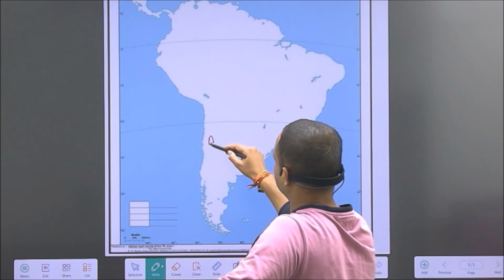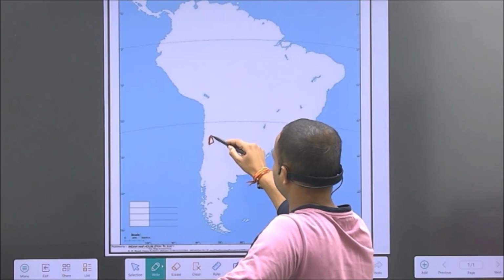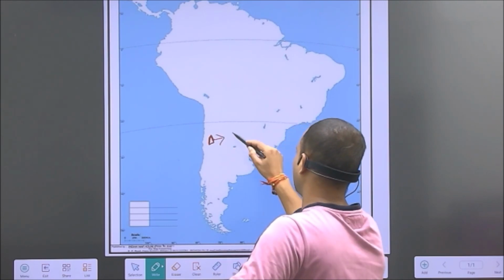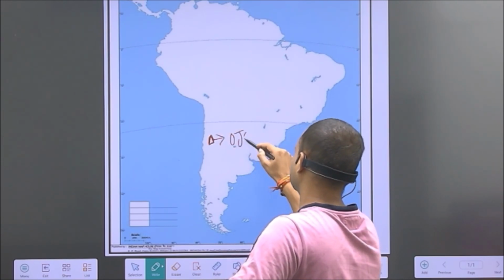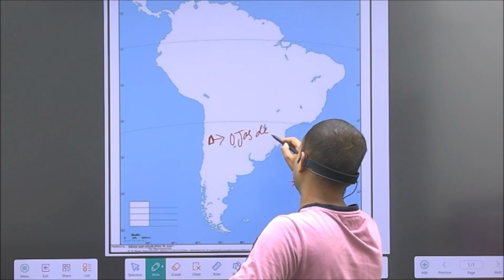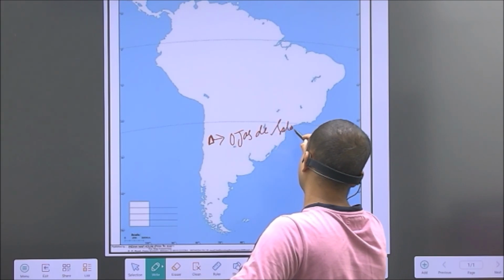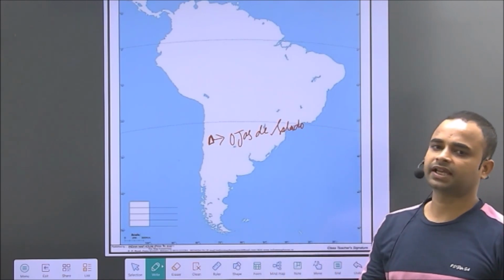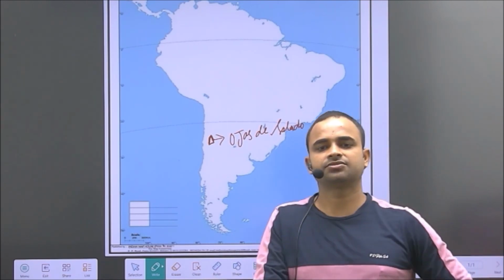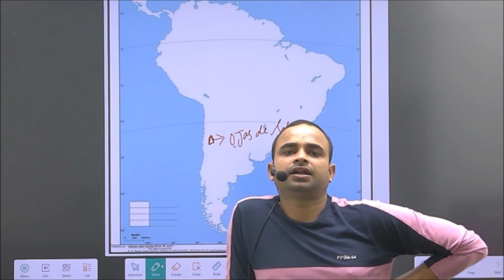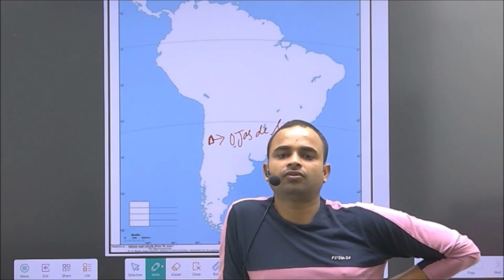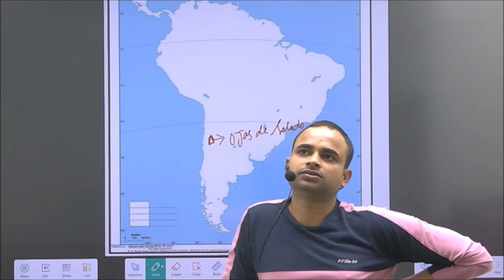Here you can see one peak called Ojos del Salado. Ojos del Salado is the second highest peak of the Andes mountain, and it is also the second highest active volcano of the world.